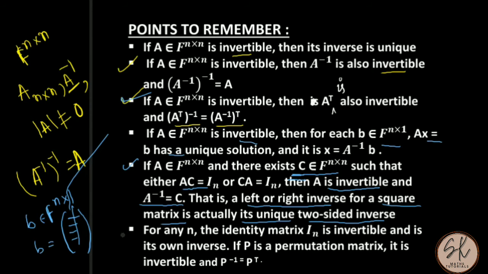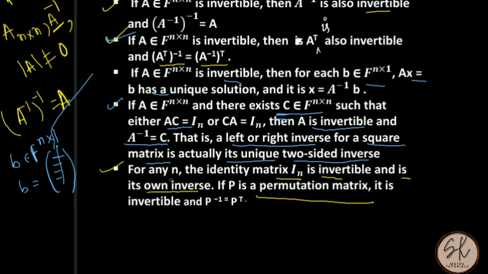Now the next point is, for any n, the identity matrix In is invertible and it is its own inverse. Okay, and if P is a permutation matrix, then it is invertible and P inverse is equal to P transpose. Okay, now let me prove this with the help of an example.